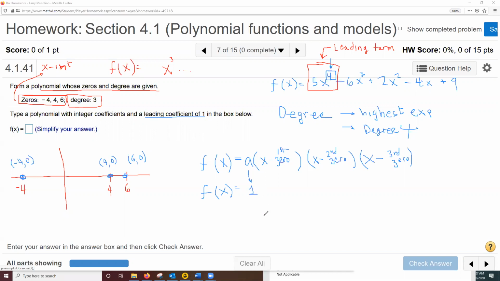If they had told me to use a leading coefficient of 10, I'd be replacing A with 10. Now I'm going to drop in the zeros. Well, it's going to be x minus, the first 0 is a negative 4. X minus the second 0 is a 4, and the third 0 is a 6.